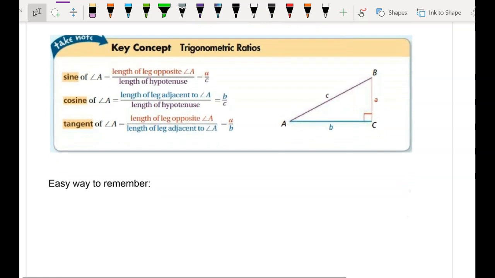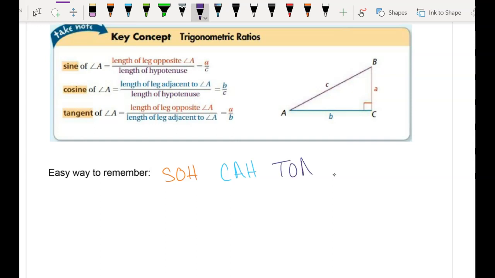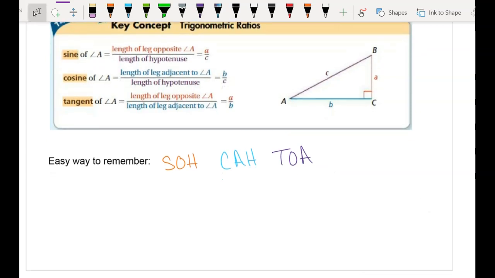So you can sit down and memorize this, but there is a way that you can remember. All you have to do is remember So, Ka, Toa. When my teacher taught me, she was Princess Sokotoa. So how does that help you?